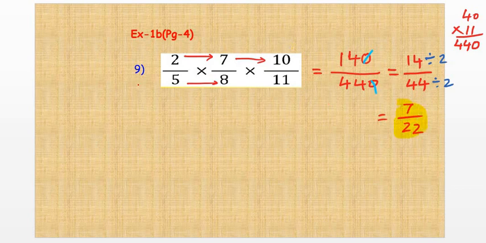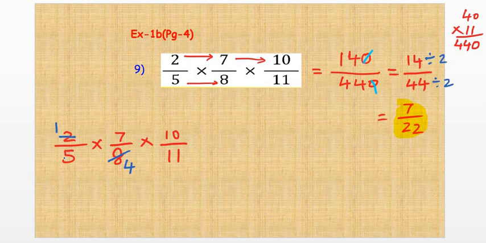Now if I go with the second method, let's say I want to solve the same question with the second method in which we simplify the fractions in the beginning. How can we simplify? Let's see. As you can see here, this 2 and 8 could be divided by 2. So I will divide 2 by 2, it will give me 1, and I could divide 8 by 2, that will give me 4.